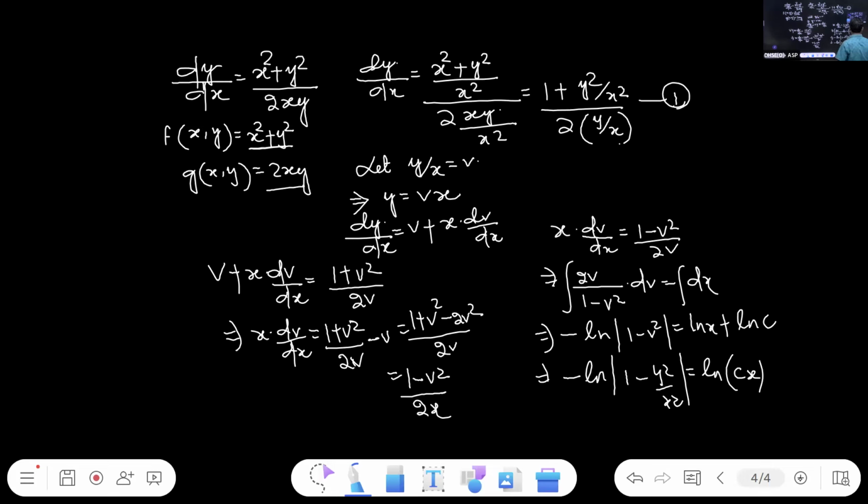Okay. A similar type question, asked in JEE Main 2024.